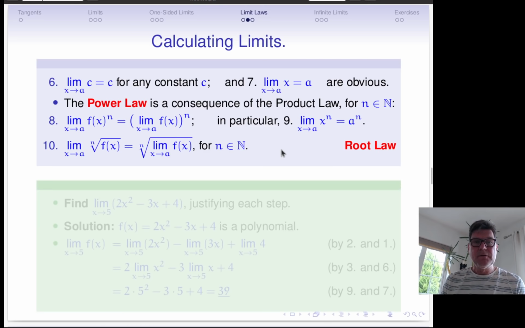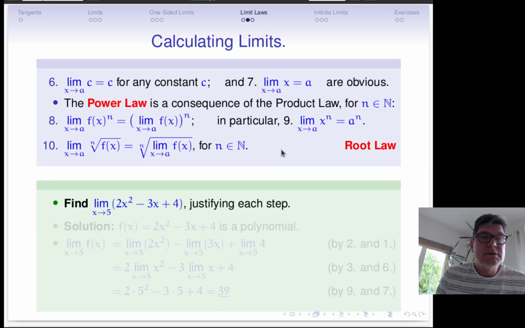Then we can apply these laws as follows in the following example. Here the function given is 2x squared minus 3x plus 4, and we try to find the limit as x approaches 5 of this expression using the limit laws.